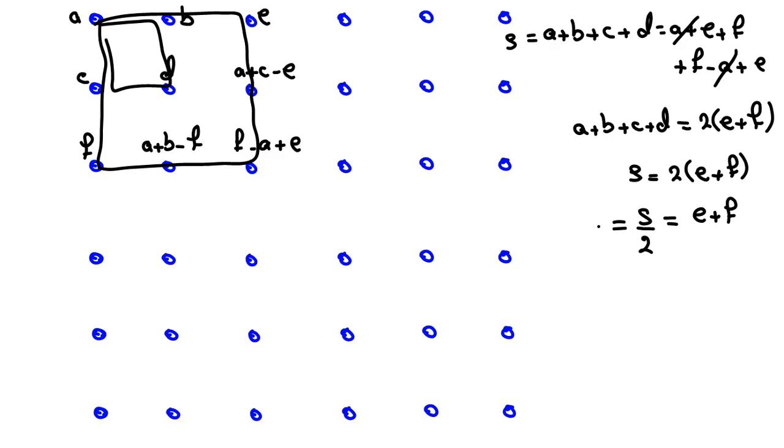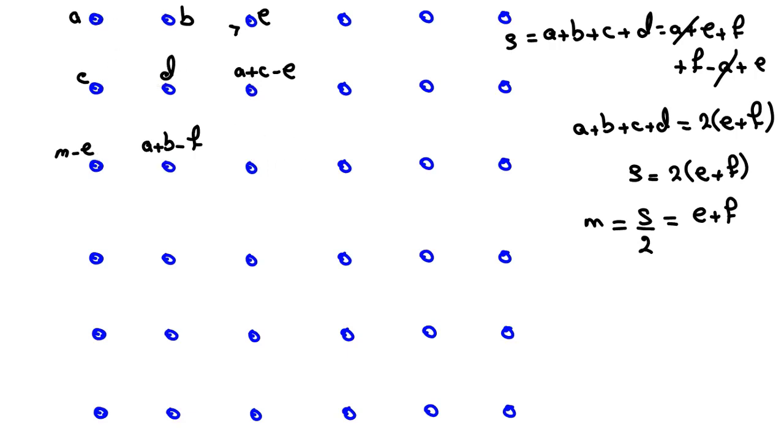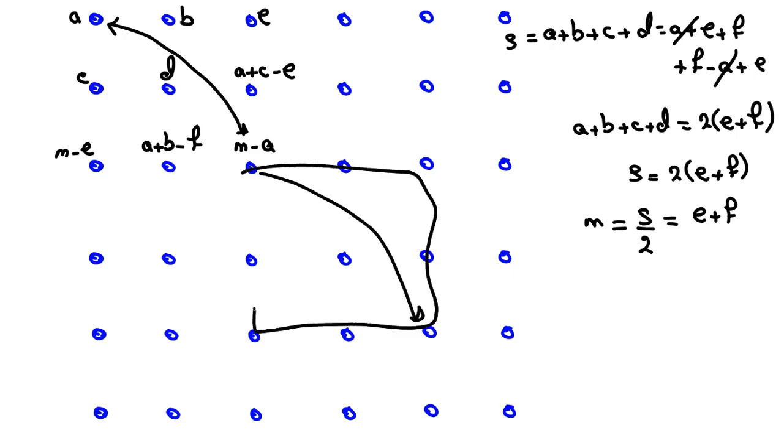For example, we call it M. So when we have E and F, the sum of them is M. So I can write it as M minus E. And also similarly, because we have E and F in this 3 by 3, A and this also will be M minus A. So I can erase this one and write it as M minus A. And this one M minus E. This and this, the sum of them is M. This and this one, again in this 3 by 3, the sum of this one and this one is M.